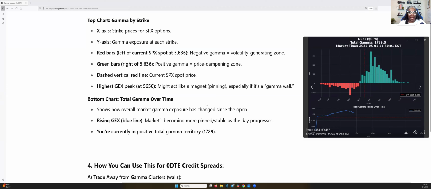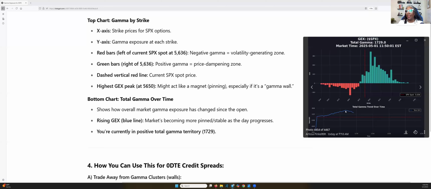It says bottom chart, total gamma over time. This is the blue line down here, which we didn't have any clue about, but now we're going to talk about it. It shows how the overall market gamma exposure has changed since the open. So it's kind of going up and climbing. Rising GEX, the blue line, means the market is becoming more pinned or more stable as the day progresses.